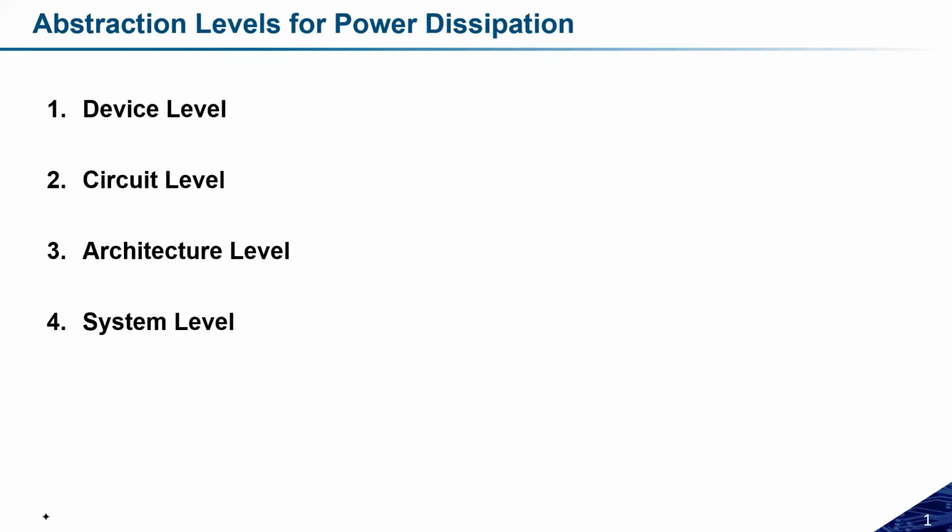So activity factor is simply, suppose I have an inverter, and the inverter is changing periodically, 0 1 0 1 0 1, something like that. So the activity factor depends on the probability of change on the input side at any particular node.